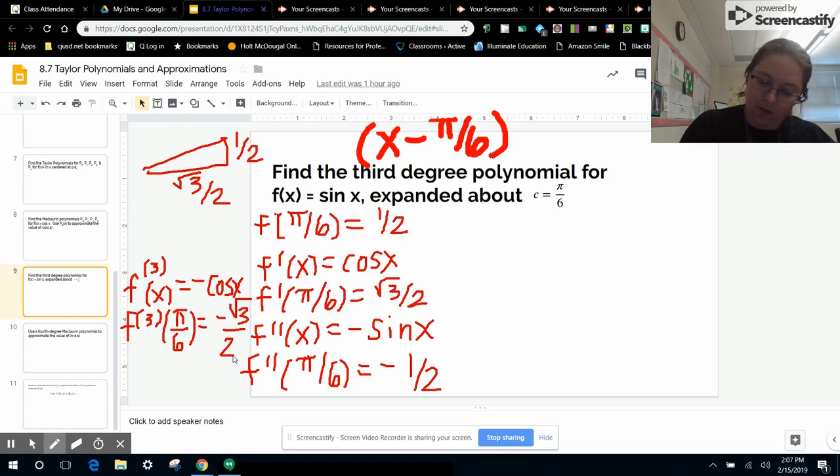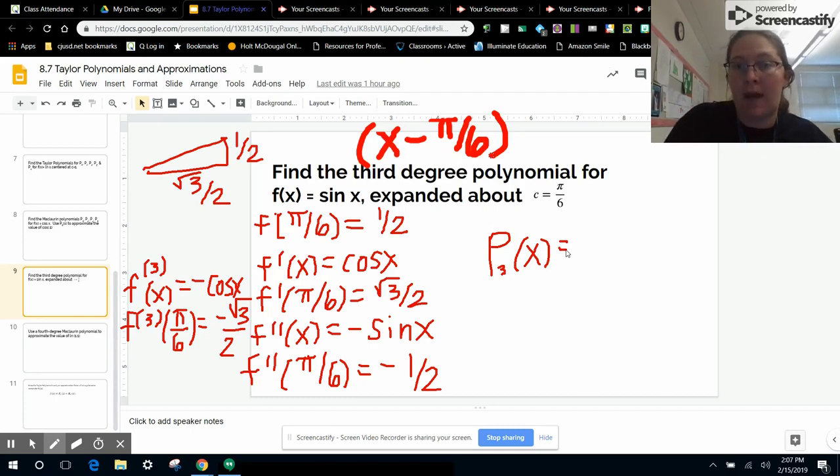So then to find the third degree polynomial, P3 of x is going to be f of pi over 6, the actual function, plus the first derivative times x minus pi over 6. My first derivative was root 3 over 2 times x minus pi over 6.